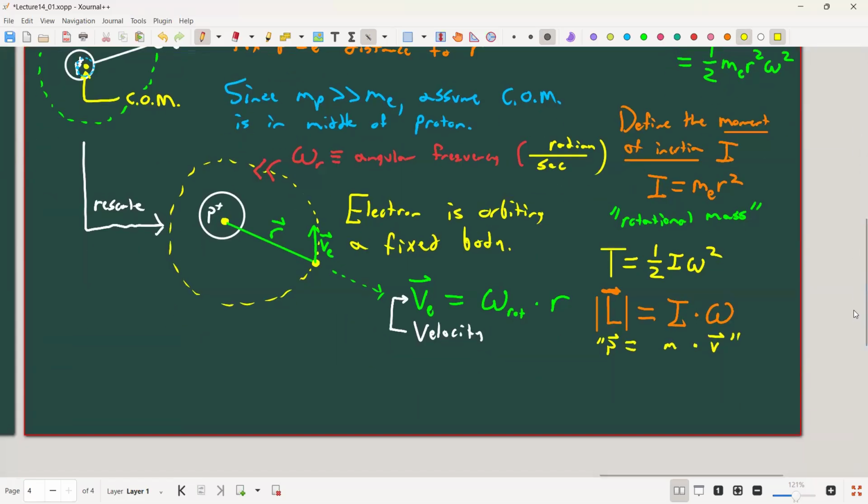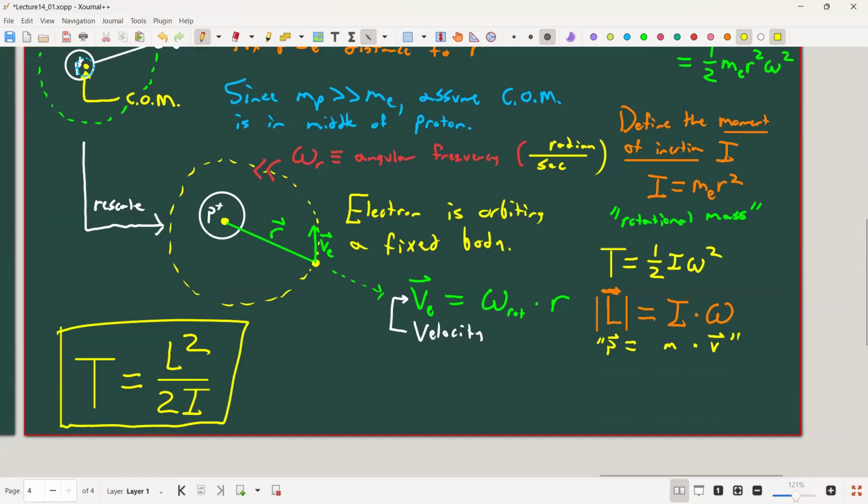And so what we can write now, just simplifying, is that the rotational kinetic energy is L squared over 2I. So what I want to do in quantum mechanics is solve the Schrodinger equation. I want to find the wave functions that give me the energy back times the wave function. This is the kinetic energy part. So the kinetic energy operator is going to be proportional to some operator squared for angular momentum.